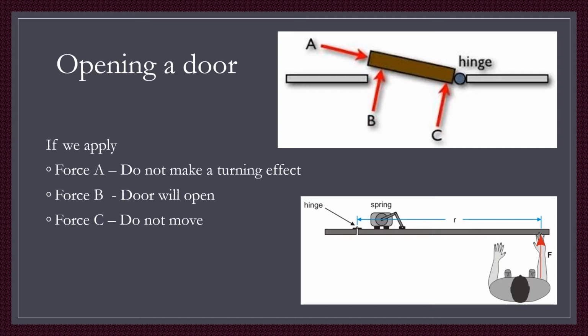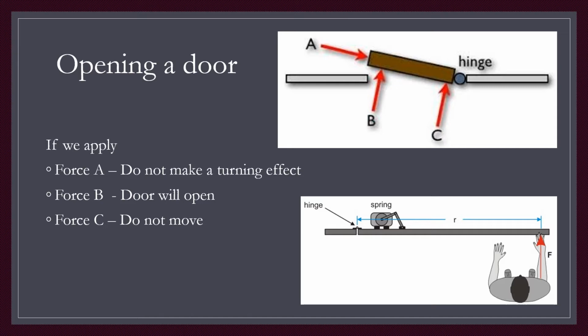If we give force A, it acts along the hinge of the door, so it will not make a turning effect. When we look at force B, the door will open because the force is applied at a perpendicular distance from the hinge.